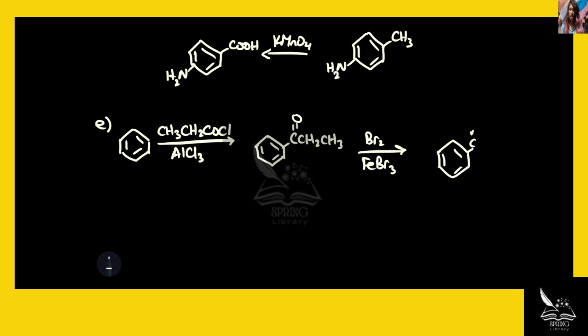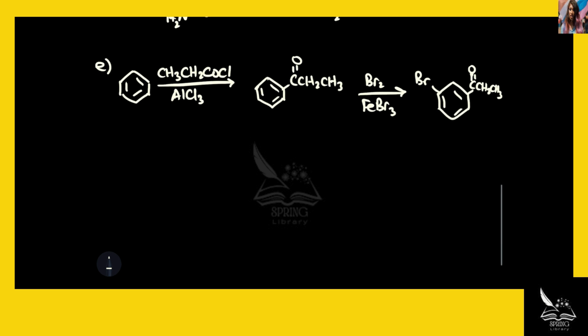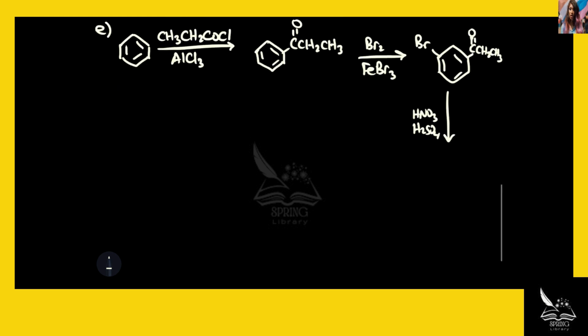This is C double bond O, CH2CH3, in the presence of bromine, or adding bromine on. And then we'll react this with HNO3 and H2SO4.